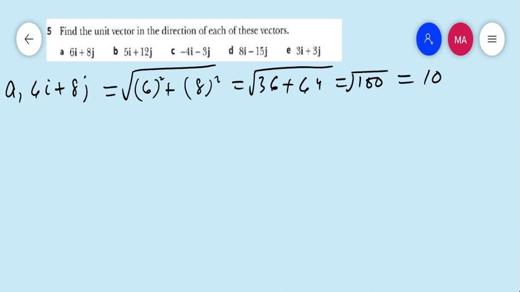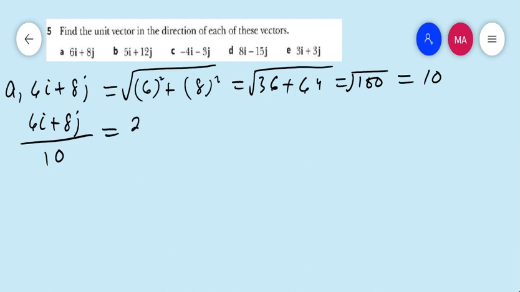How to find the unit vector? Just divide the vector by its own magnitude. So the vector is 6i plus 8j and the magnitude is, we have found, 10.